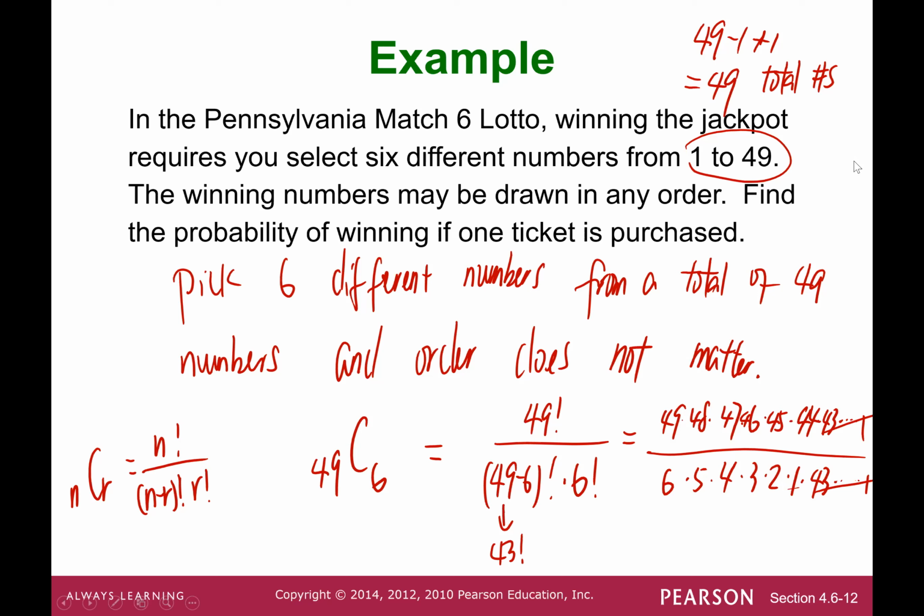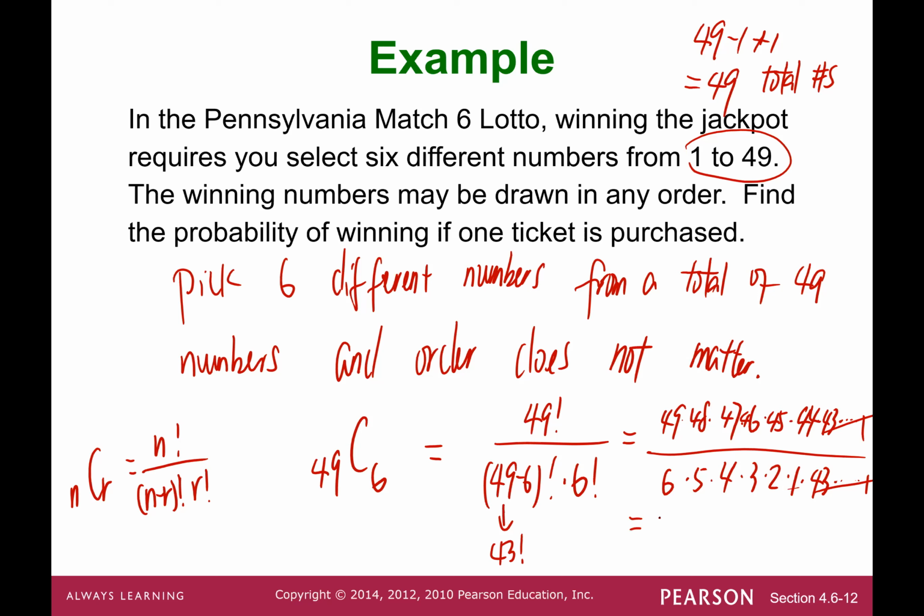Maybe let me just put it into the calculator and get the result first. 49 times 48 times 47 times 46 times 45 times 44, and dividing by 6 factorial. And that turned out to be a huge number, actually.